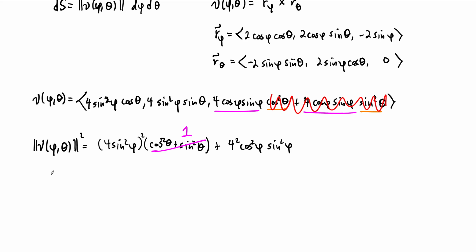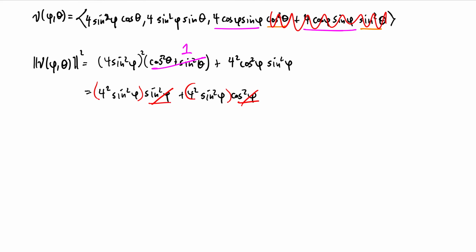And a little bit more reduction here. This we can write as 4 squared sine squared phi sine squared phi plus 4 squared sine squared phi cosine squared phi, a little rearranging. And the whole reason here is, once again, we can factor out these terms and Pythagorean theorem these terms. So 3 Pythagorean theorems here to help us reduce this.